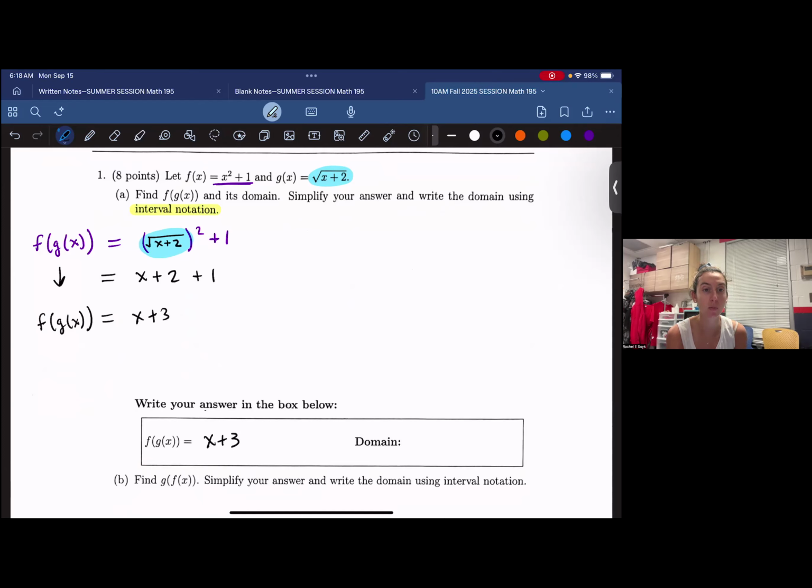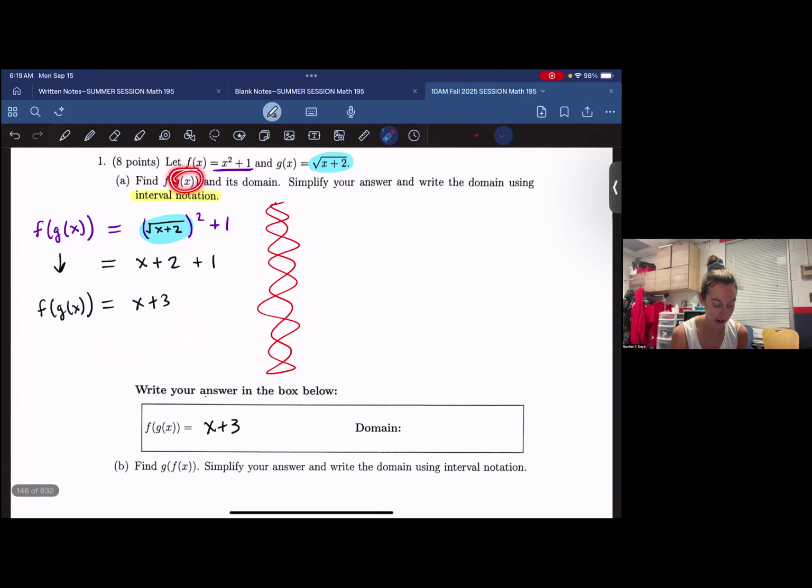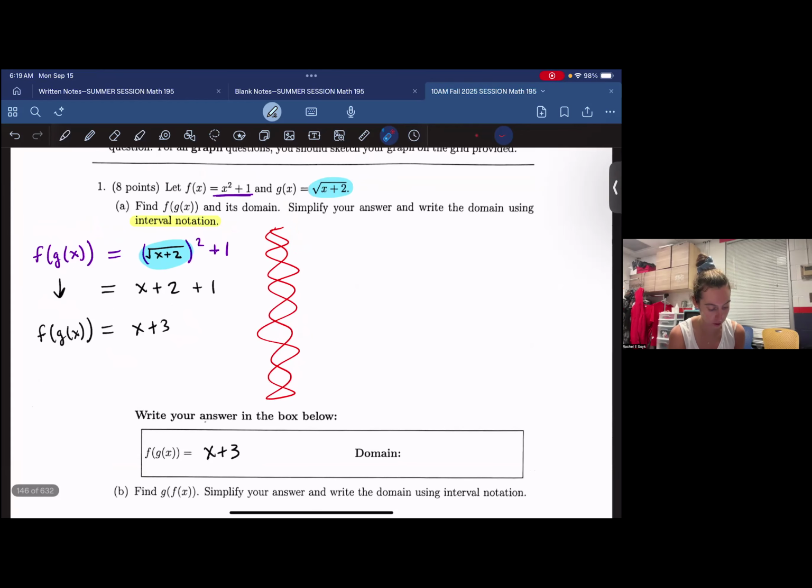The second part is we want to analyze what the domain of this composition is. And you want to be careful here because you don't want to just find the domain of x plus 3, which is a linear function. Domain is all real numbers, negative infinity to positive infinity. We want to look at the intersection of the domain of x plus 3 and the domain of the input, which in this case is our g of x, square root of x plus 2.